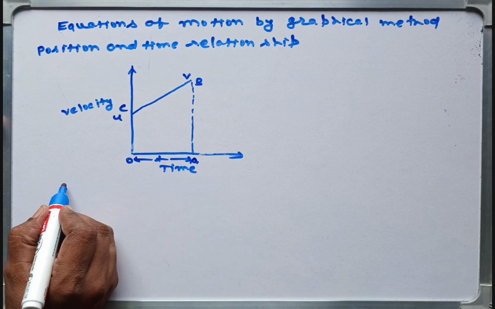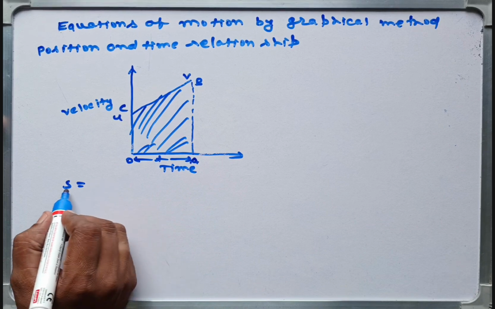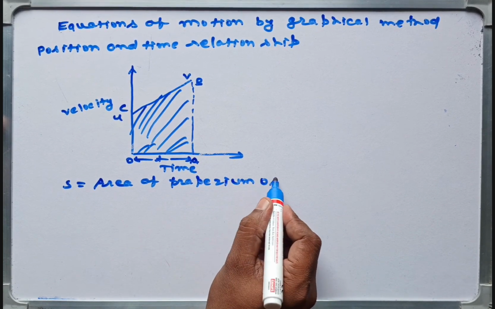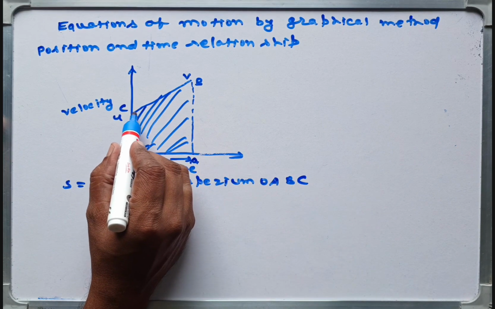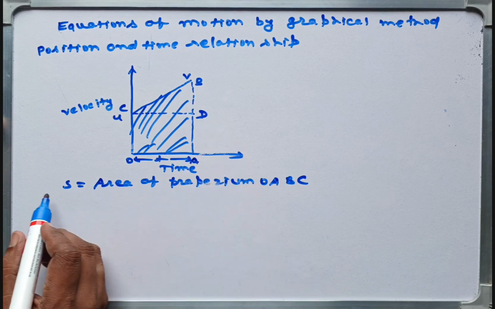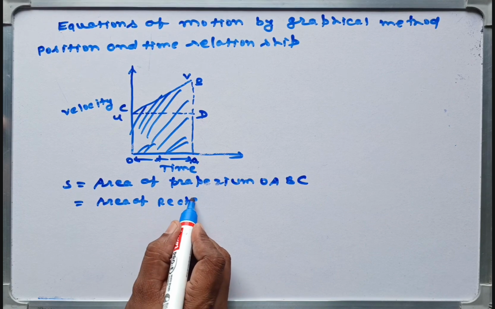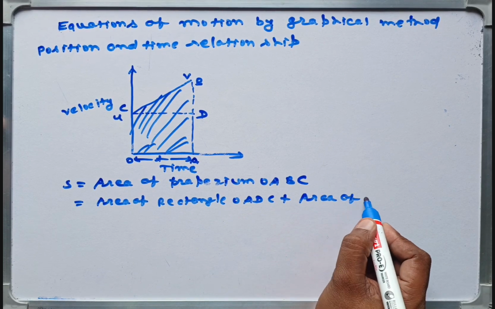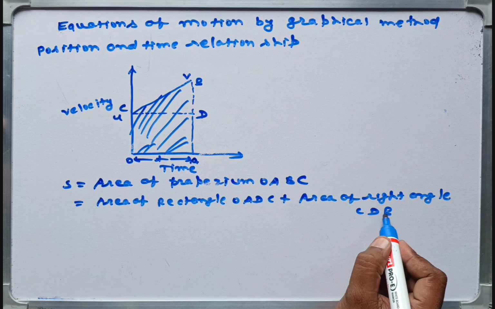If S is the area under this graph, it is basically the area of the trapezium OABC. Or we can also make a right angle here, say this point is D. So you can divide this into the area of the rectangle OADC plus the area of the right-angled triangle CDB.